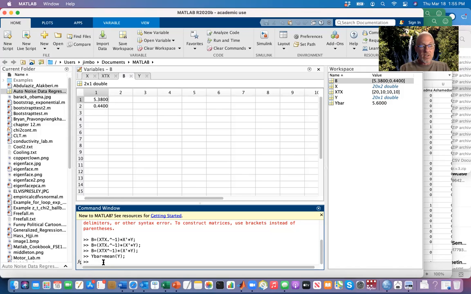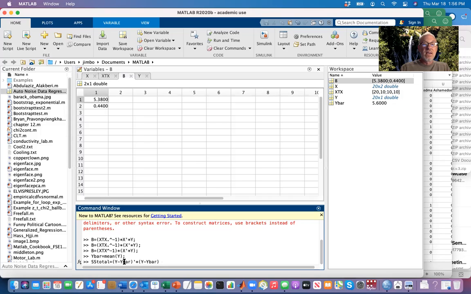Now what I can do is the sum of squares total is going to be equal to y minus y bar prime times y minus y bar.